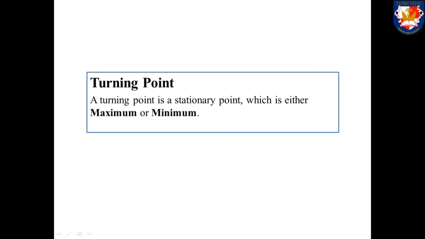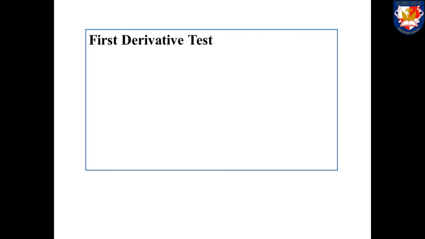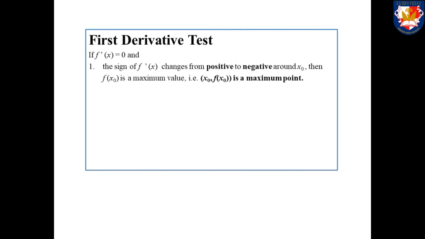To know which one is the maximum, minimum, or stationary point of inflection, we have the first derivative test. If the first derivative f'(x) equals 0, and the sign of f'(x) changes from positive to negative around x0, then f(x0) is a maximum value. In other words, (x0, f(x0)) is a maximum point.